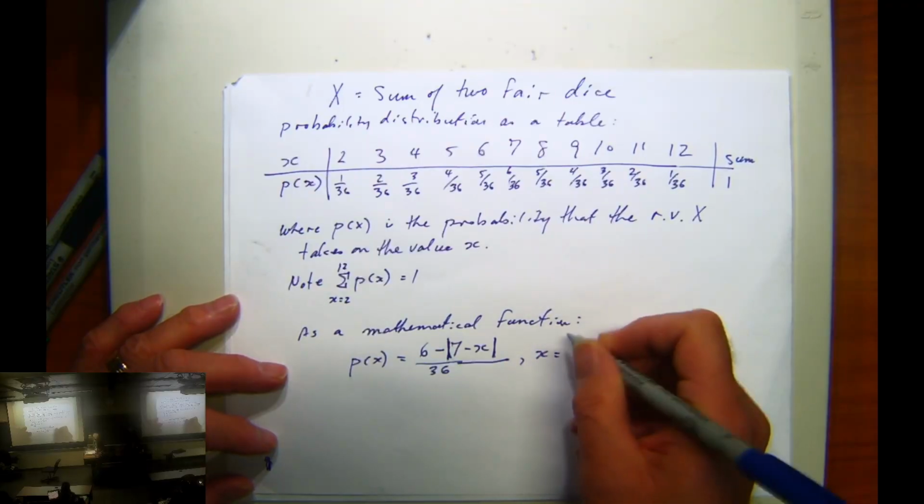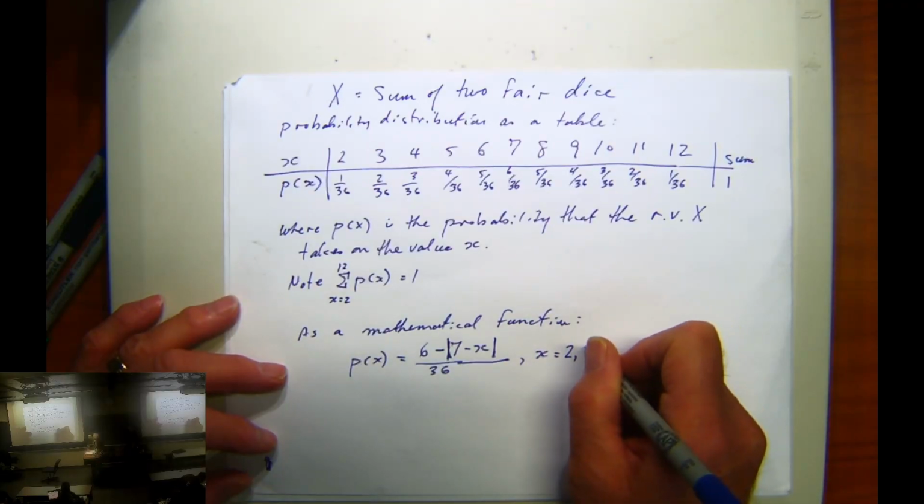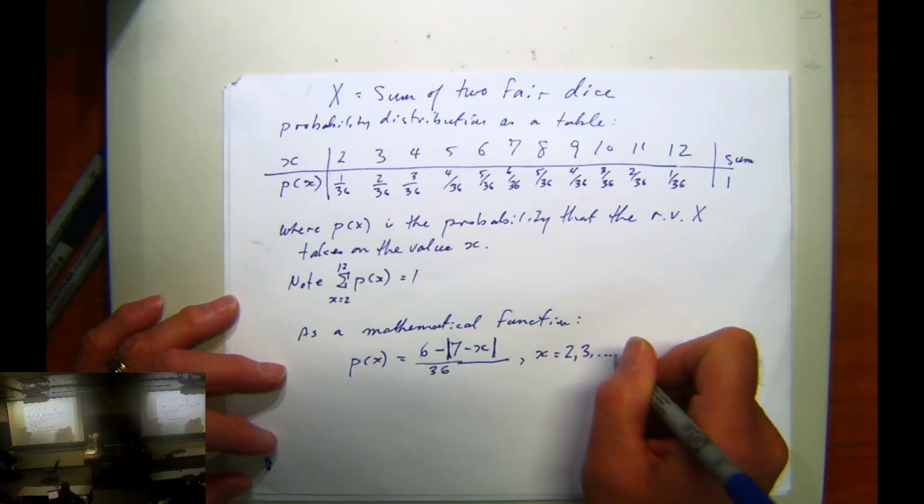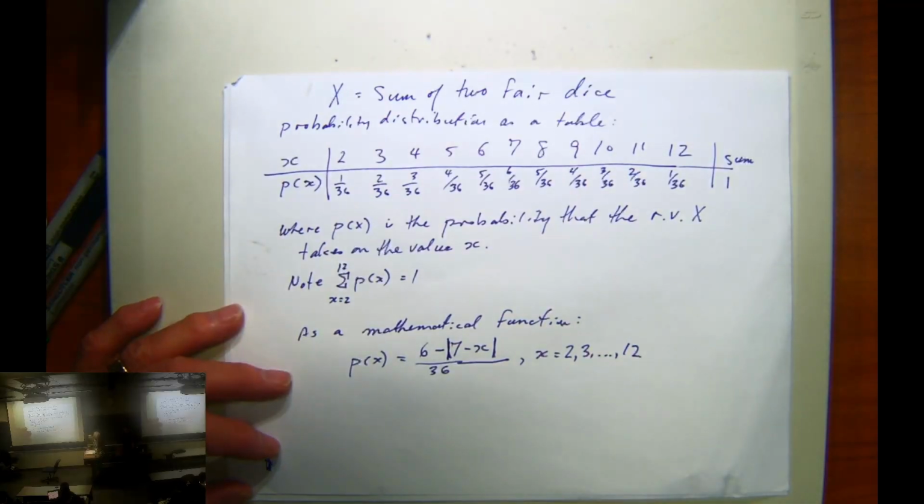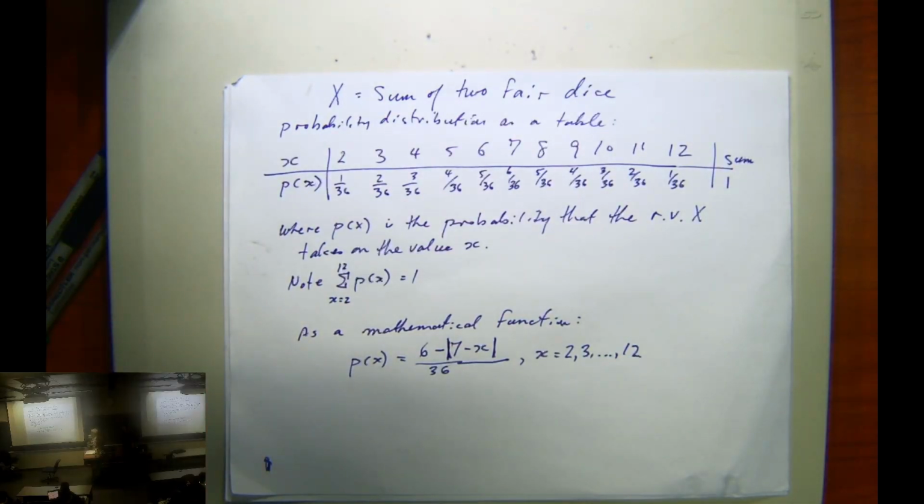But then we should mention that this holds for x equals 2, 3, and so on up to 12. And what happens if we said, well, what about x equals, say, 15? Couldn't I put x equals 15? And now weird things will happen. Among other things, I'd end up with a negative number.